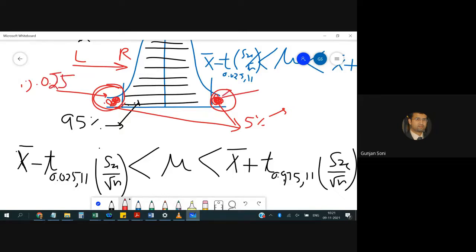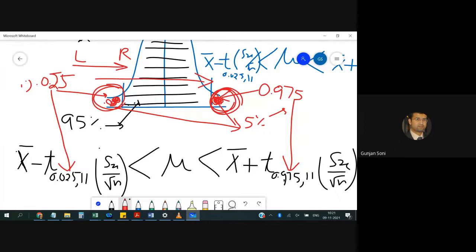And till this point, the area would be 0.975. The remaining left is 0.025 here. That's why we have 0.975 over here and 0.025 over here.